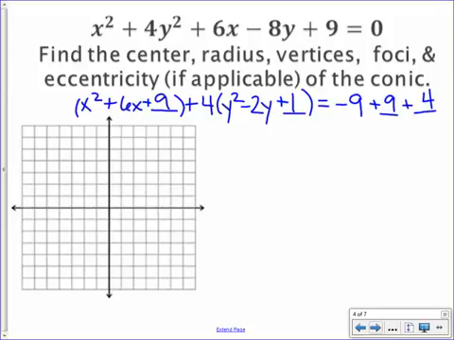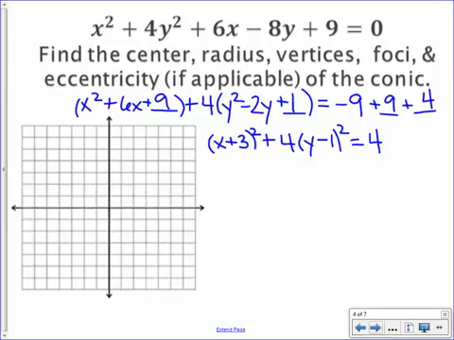So what we have is x plus 3, the quantity squared, plus 4 times y minus 1, the quantity squared, equals 4. Now this is not in standard form yet. What do we need the right side to be set equal to? It needs to be set equal to 1.